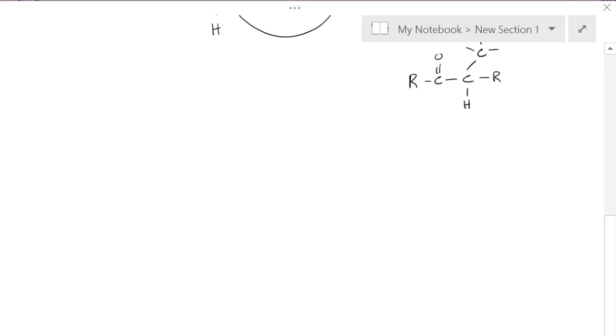This alpha condensation can also occur with ester groups. So let's say we just start with the same enolate ion. This time, let's attack an ester group.